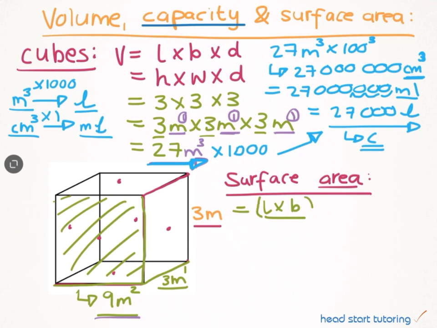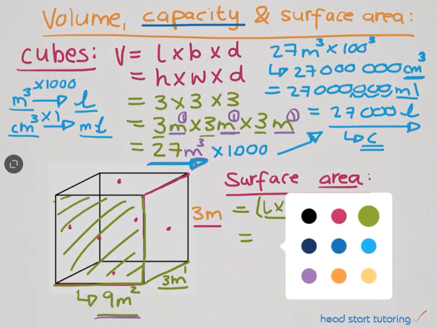So there's the area of one face, and because we have 6 faces, you multiply that area by 6. It's as simple as that. When we're working with a cube, it's quite nice and easy. We know that all our edges are equal, so the length times breadth is pretty basic.